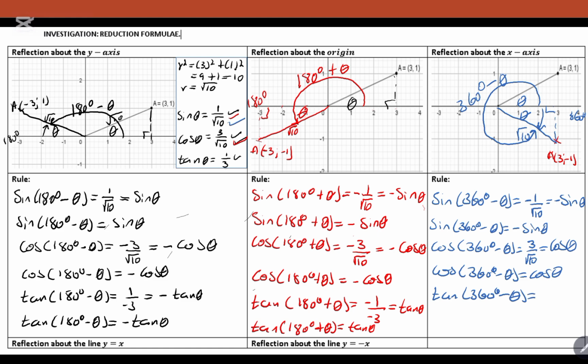Tan is opposite over adjacent, so that is negative 1 over 3. But 1 over 3 is the tangent, so this is negative tan theta. Therefore, our reduction rule for tan will be tan of 360 degrees minus theta is equal to negative tan theta. So these are the reduction rules for all the angles that are found in the fourth quadrant.